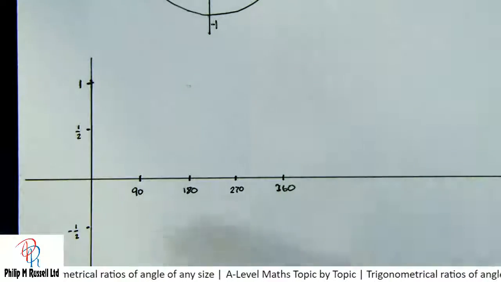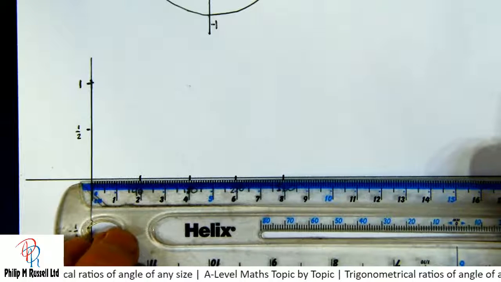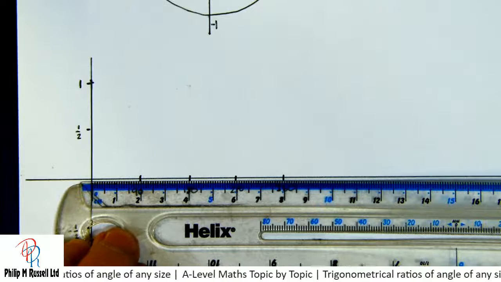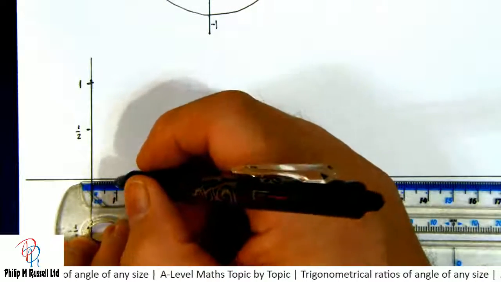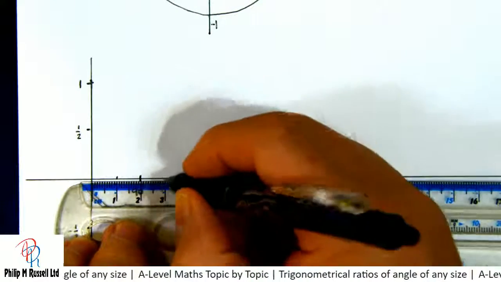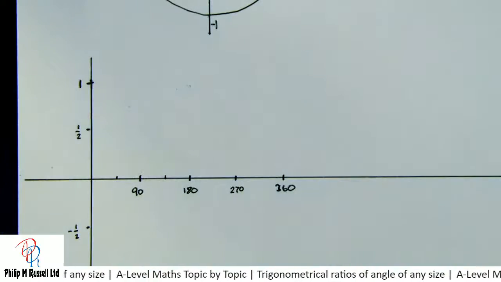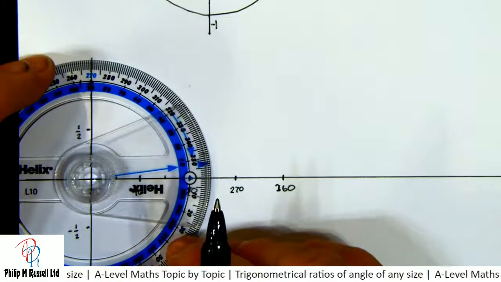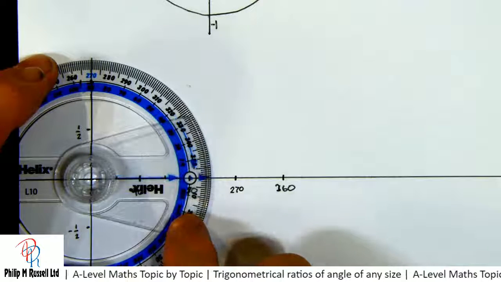Now for this little bit, we're going to divide this up a little bit more to make life easier. And I'm going to take some different values here. There is going to be my 45 degrees, and we'll see what we can do. I'm going to put my protractor on here.